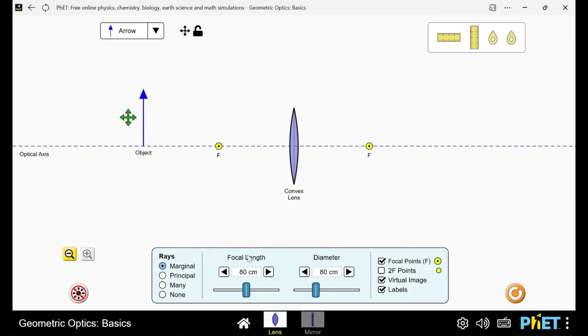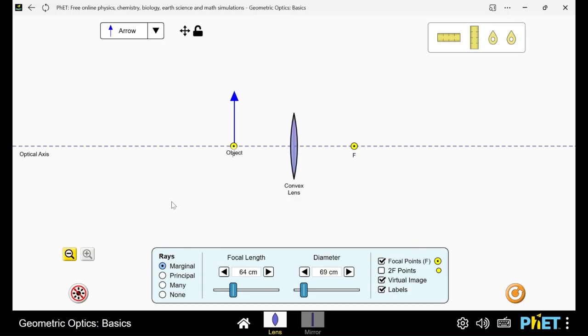Now if we reduce the focal length of the lens, we can see it reduce a bit, and also reduce the diameter of the lens. If the object is placed at the principal focus or the focal length of the lens, what shall be the nature of this image?